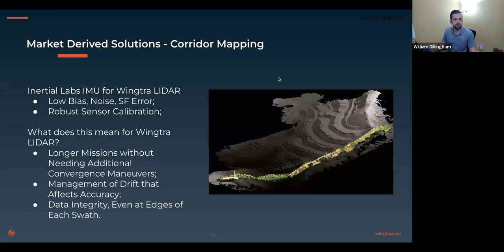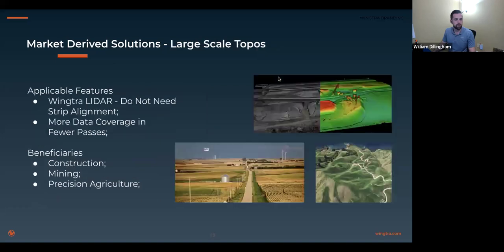That segues really nicely into our next high-level application. If you want to jump to the next slide for me. And that's large-scale topos. Having better inertials inside means that you don't need to do strip alignment. We're doing a phenomenal job in our calibration, and also making sure that we're using the right sensor for the job.